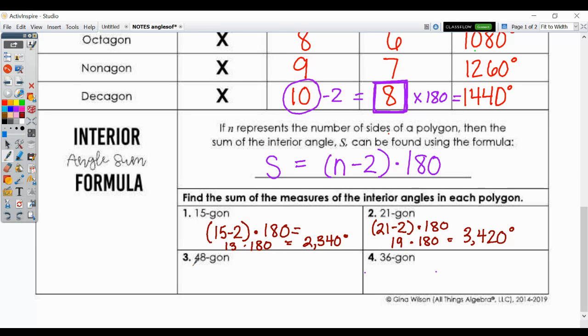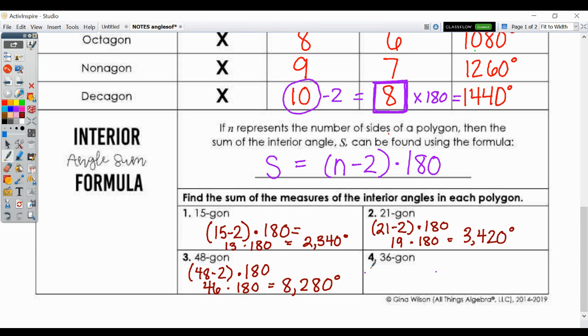If it's got 48 sides, you take 48, subtract 2, and you multiply times 180. So 48 minus 2 is going to be 46 times 180, and that would give you 8,280 degrees inside of every single 48-gon.